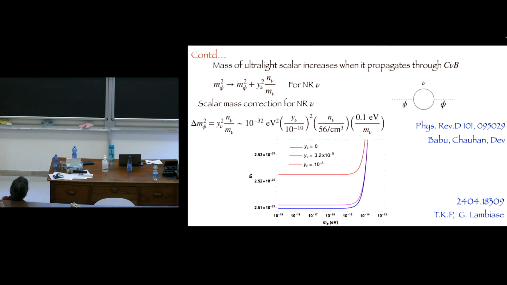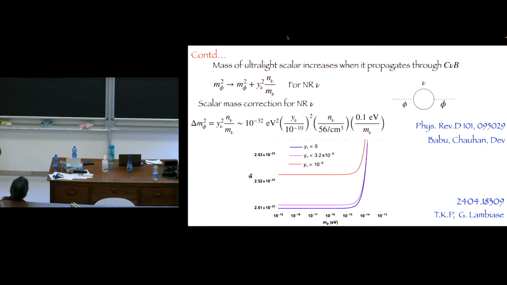So if the mass is increasing, the length scale decreases. So you can probe masses larger than whatever you obtain when there are no neutrinos, because the mass is increased. That is the scalar mass correction that you can see.